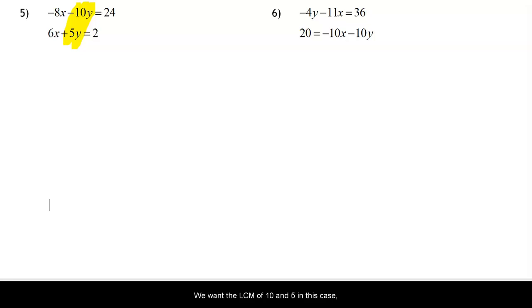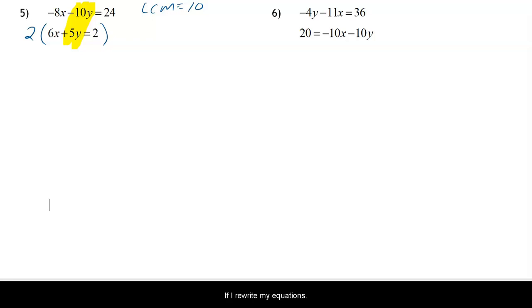We want the LCM of 10 and 5 in this case. That would be 10. That's least common multiple. So if I have my LCM of 10 for my y value, I don't need to do anything to my first equation, but my second equation I'm going to need to multiply through by 2 so that y value will have the same coefficient.